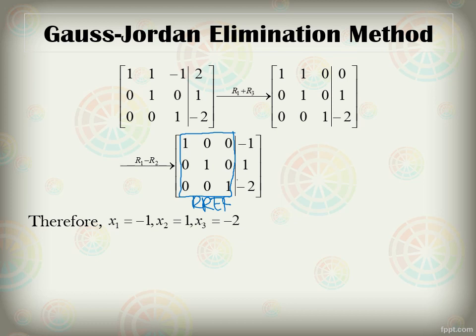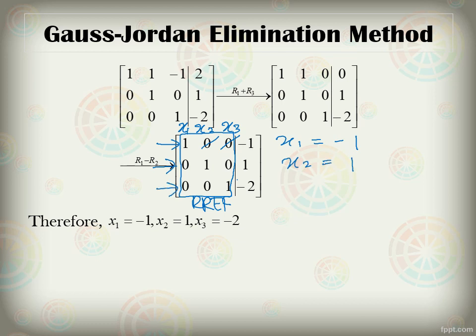This is the column for x1, column for x2, column for x3. For row 1, it is 0 for x2 and x3, so we know that we only have a coefficient for x1. So 1x1 equals minus 1. For row 2, we have 0 for x1 and 0 for x3, and we only have the solution for x2, which is 1.